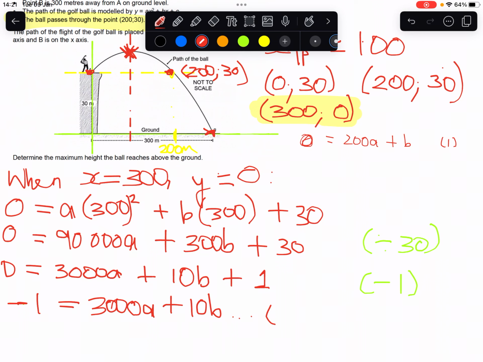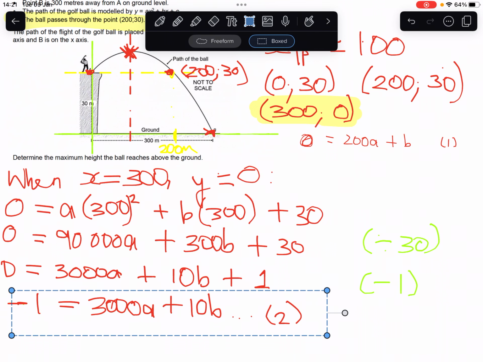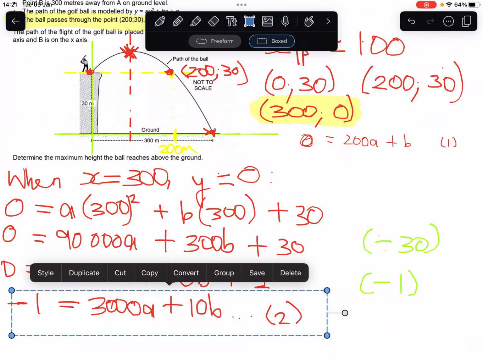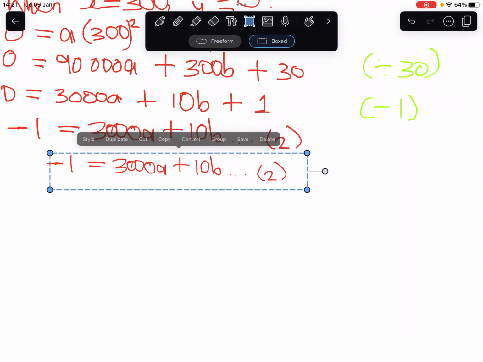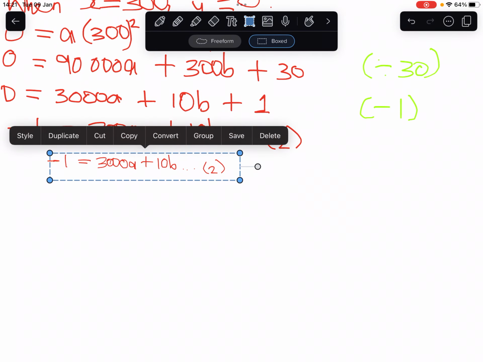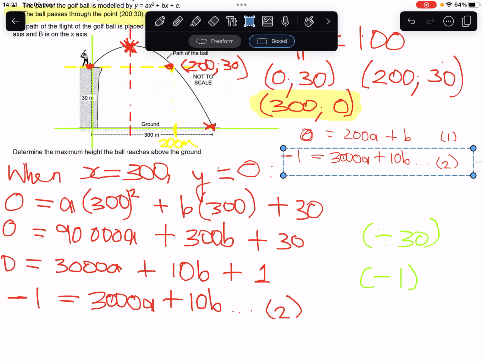And that then becomes our second equation, right? So I'm just going to duplicate this one and shrink it and move it.